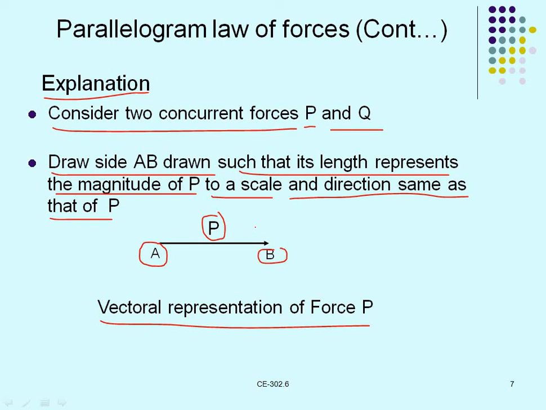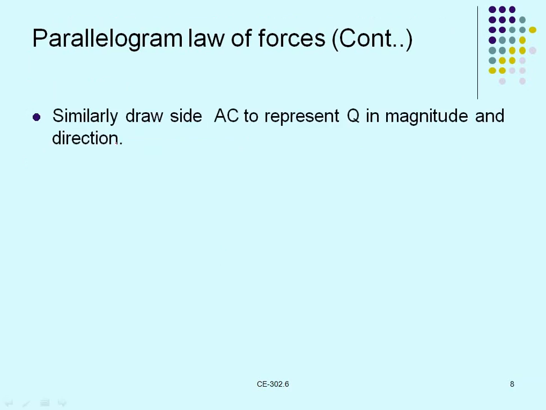So P is in which direction? A to B is also in the same direction. Similarly, draw side AC to represent Q in magnitude and direction.